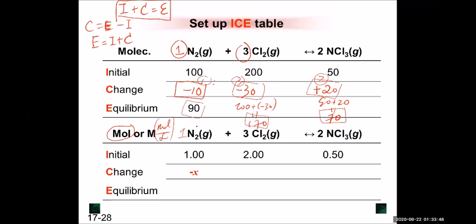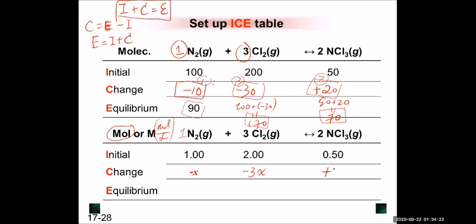The N2 coefficient is 1. So if the change is negative x, some unknown variable, then the Cl2, with coefficient 3, will change 3 times as much as the N2, so negative 3x. And the product, because we're losing the reactant, the change in the reactant is negative x or negative 3x, and the product is gaining, so it is positive.